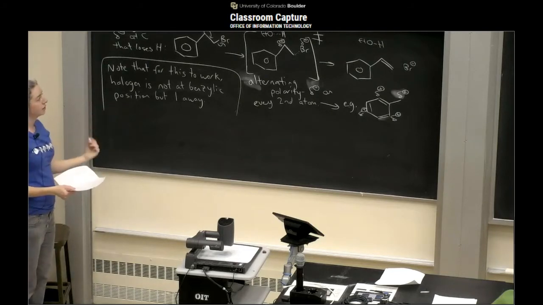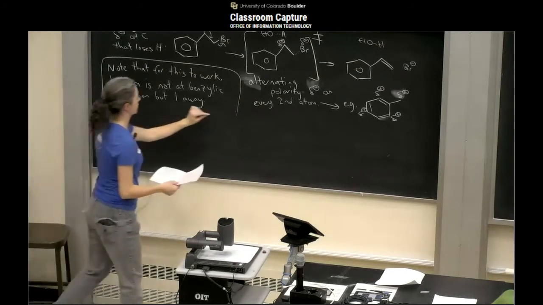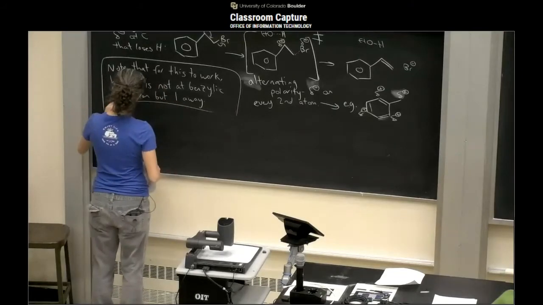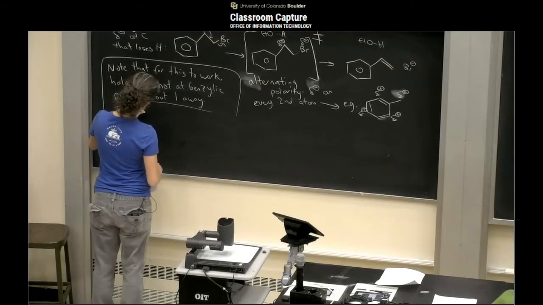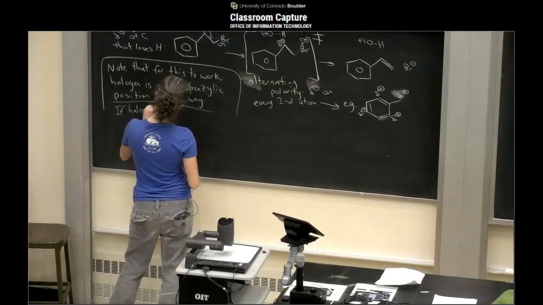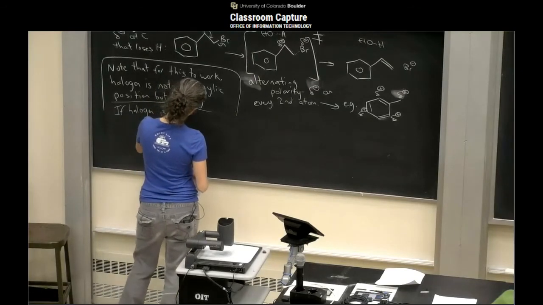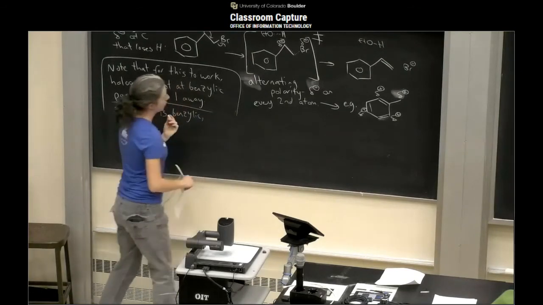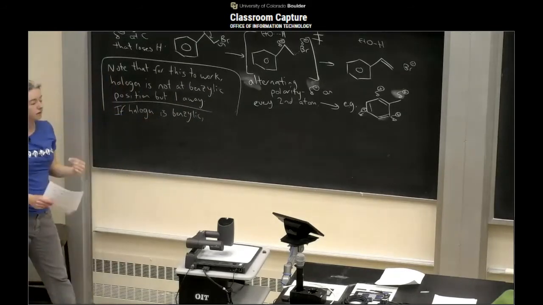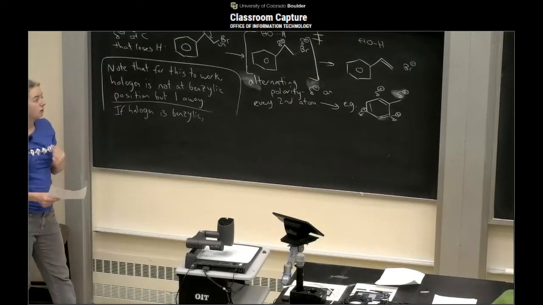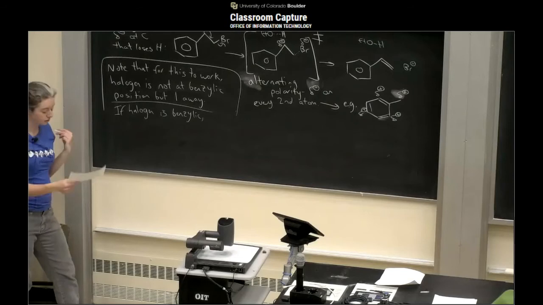So if we do have the halogen right at the benzylic position, that's going to favor preferentially either SN1 or E1 or SN2, which we're about to cover.